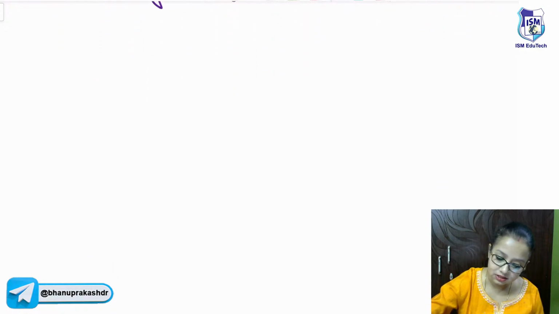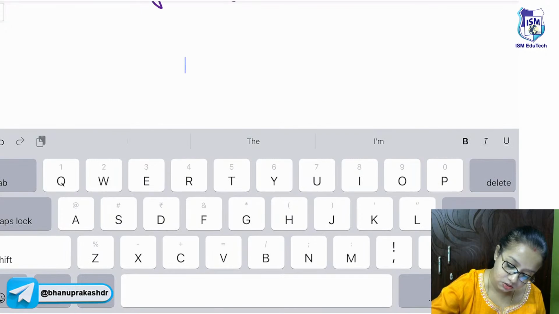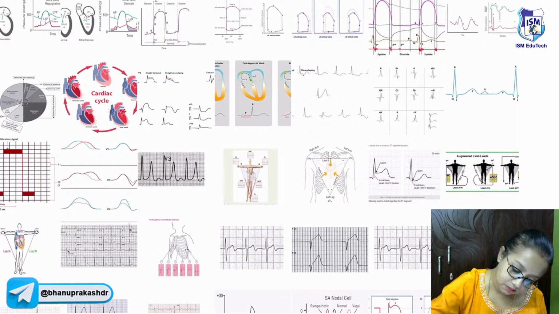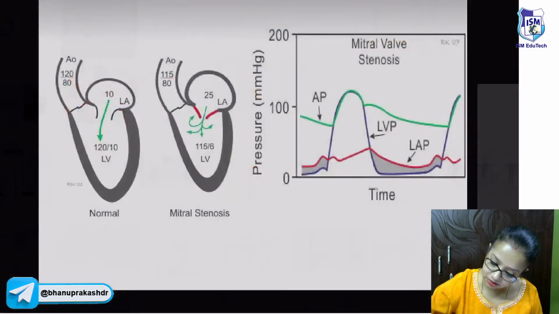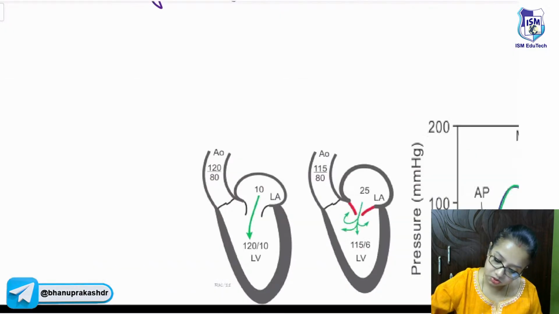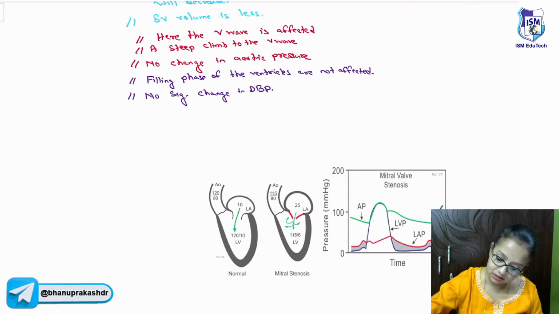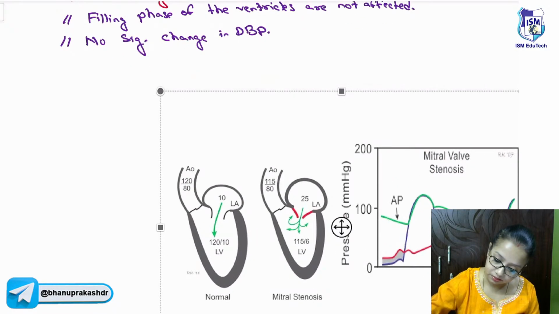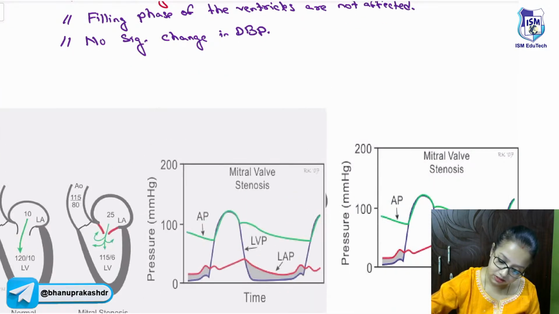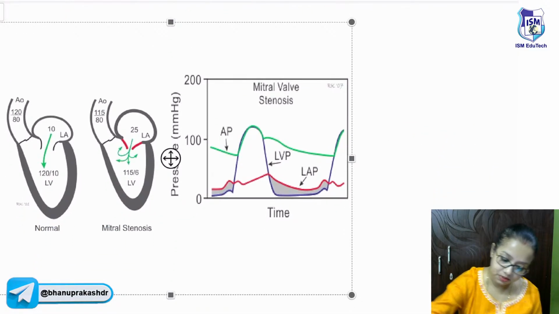Coming to the second example, that is the stenosis of the mitral valve.